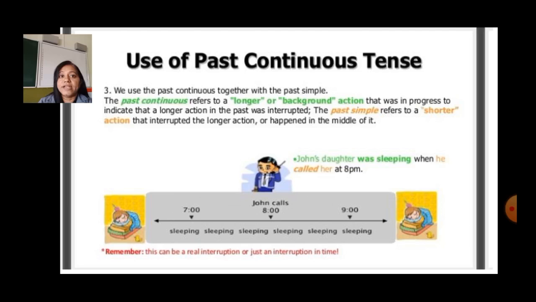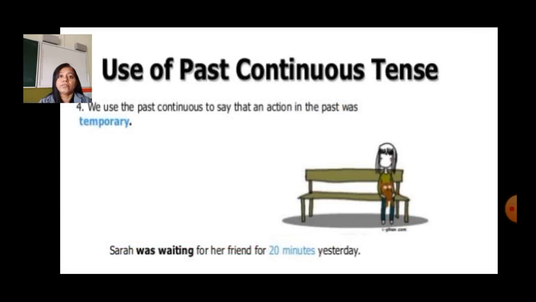This shows that the past simple has the shorter action and past continuous has the longer or background action. For example, John's daughter was sleeping when he called her at 8 p.m. Called is past simple, that is the shorter action, but was sleeping means it was ongoing, and at that time we will use past continuous tense.